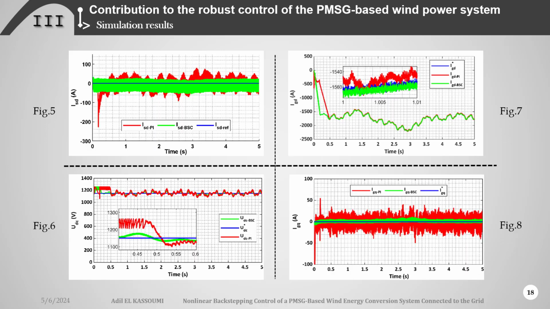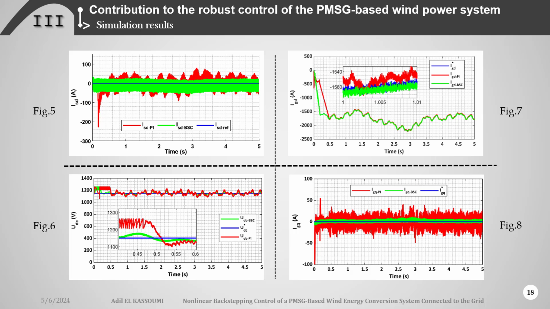Figure 5 illustrates how the direct current oscillates around zero and is utilized for controlling the stator reactive power. Figure 6 illustrates the consistent maintenance of the DC voltage, remaining nearly constant and matching the desired reference value.